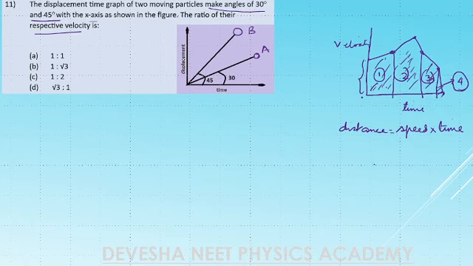Now let's go a step further. This was the velocity time graph. Now imagine you are getting a distance time graph.